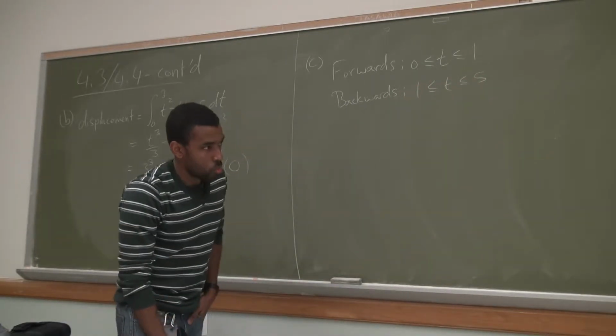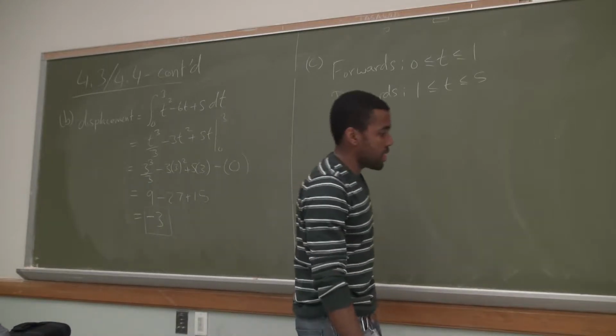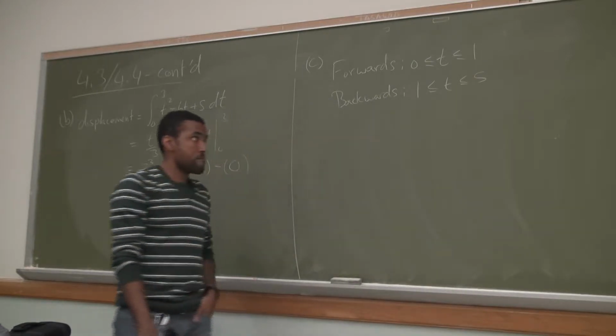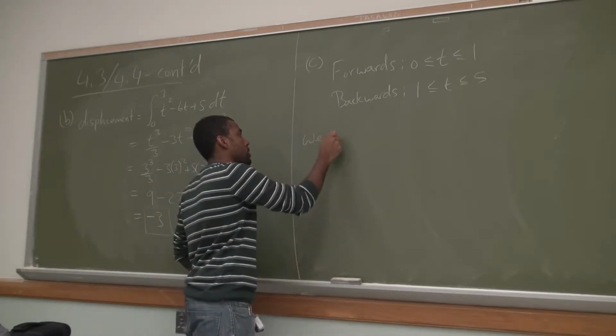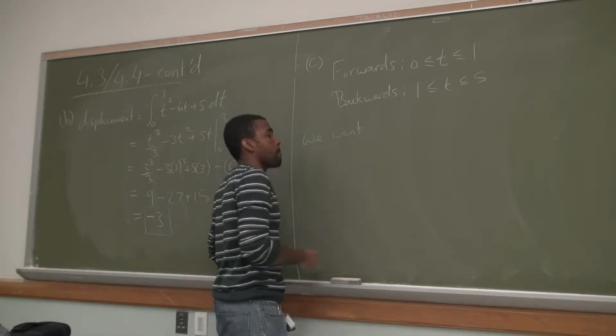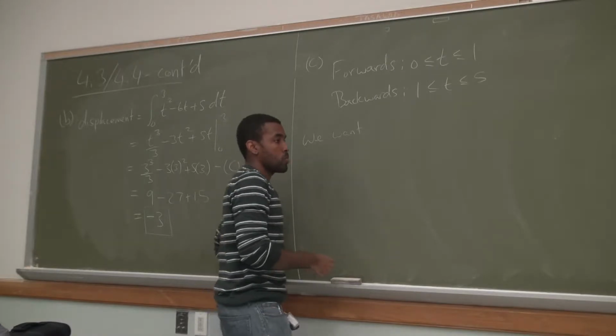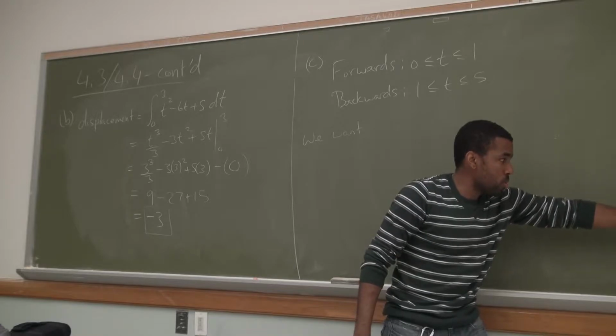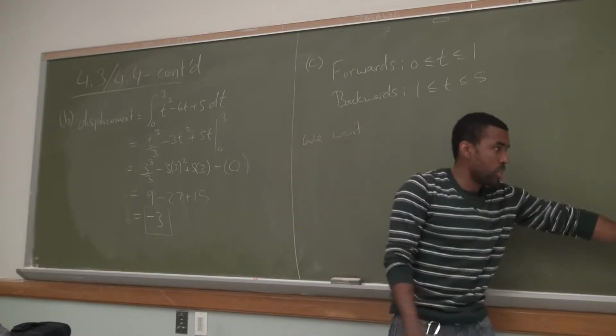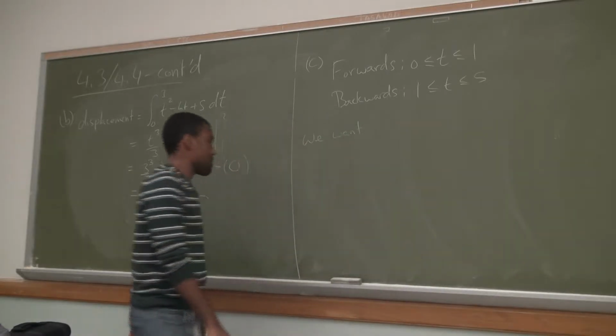What's the other question? When does the minimum or the maximum velocity occur? What do we need to find? One question. Which one do we use? The last one. So we asked when is it moving forward, when is it moving backwards? We found those times. When does the min or max velocity occur?